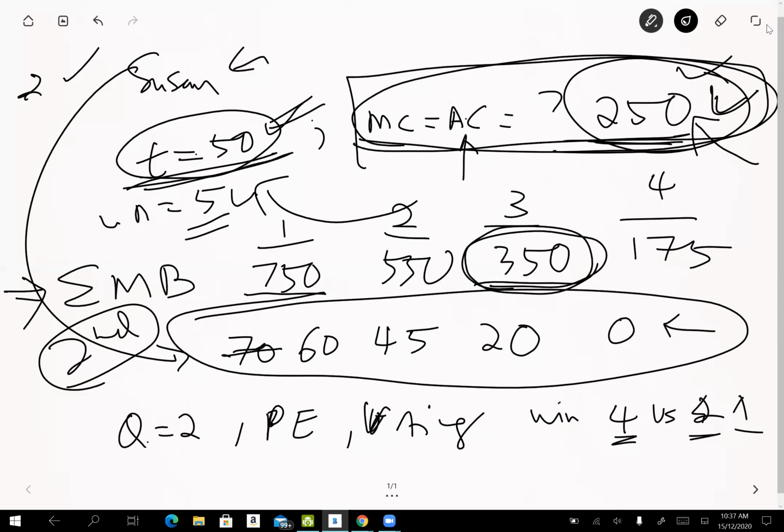If you get the market demand, there will be no Q where the sum of the marginal benefit is 250, it's 350. So probably what they mean was, the tax share is 70. If the tax share is 70, then you can do that.